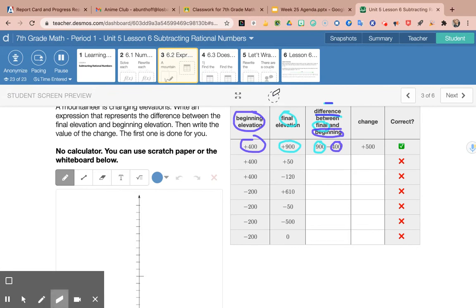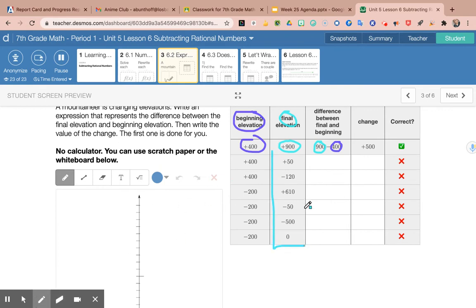So for each of these columns, I'm going to put this number first, and then I'm going to subtract this number second. So I'm going to make equations.